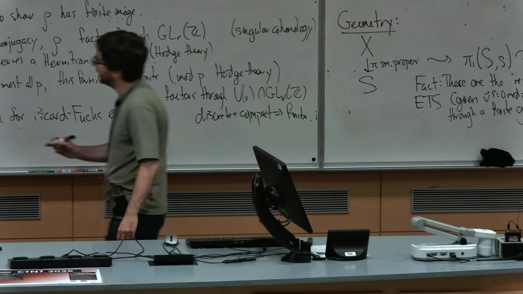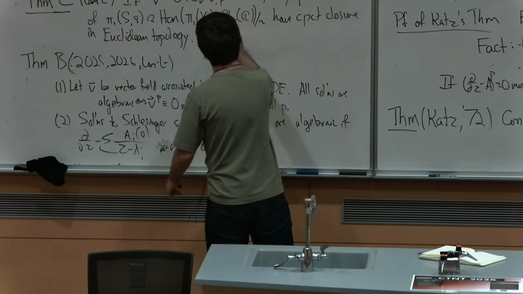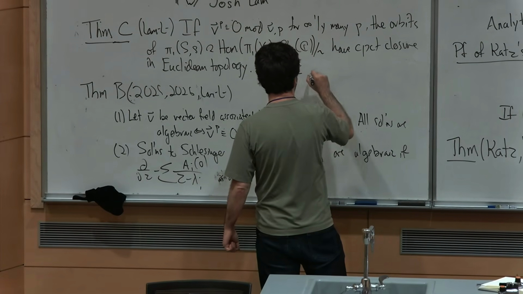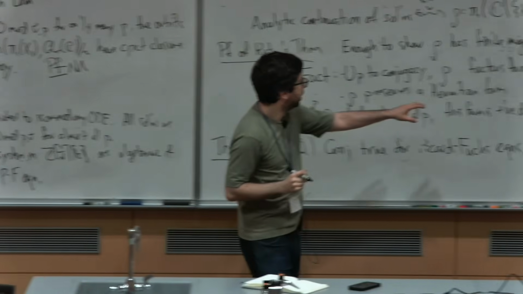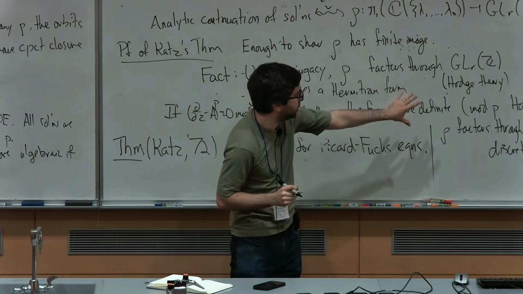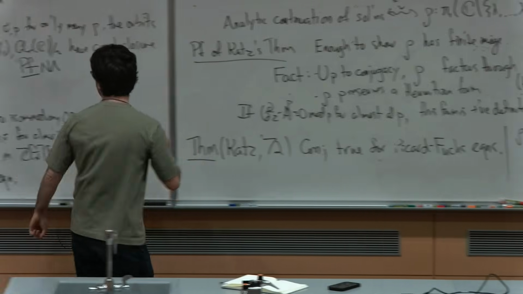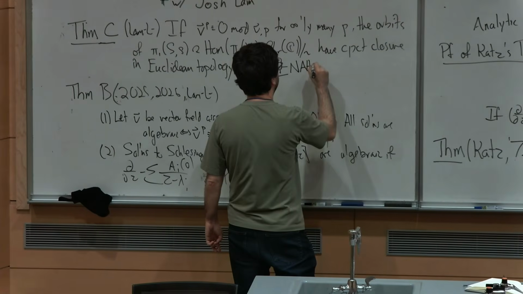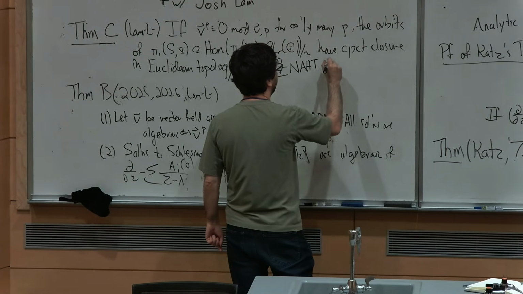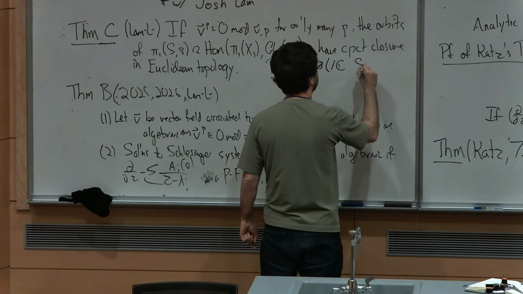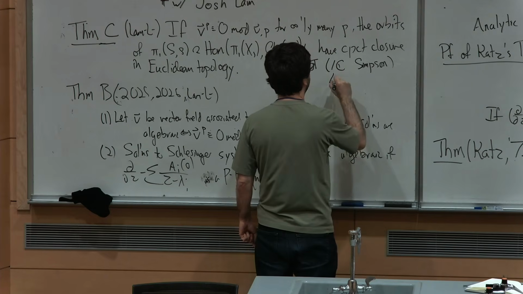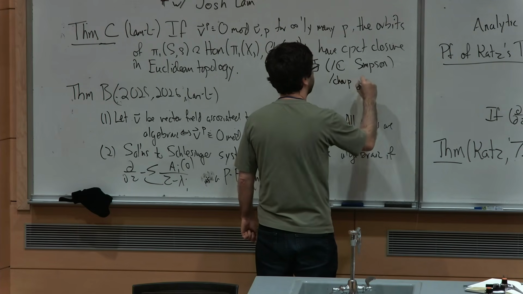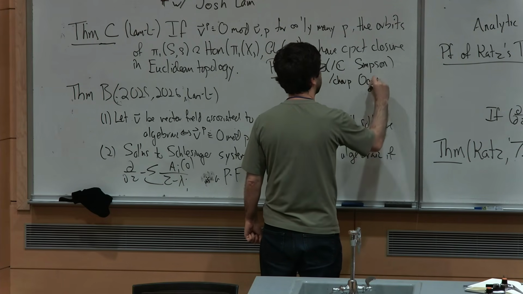I will say very little about the proof of this theorem, except a little bit about what it uses. Katz here used Hodge theory in characteristic 0 and some kind of mod p version of Hodge theory. The proof of this uses something called non-abelian Hodge theory, both over C, which is due to Simpson and others, and also in positive characteristic, where it's due to Ogus-Vologodsky.